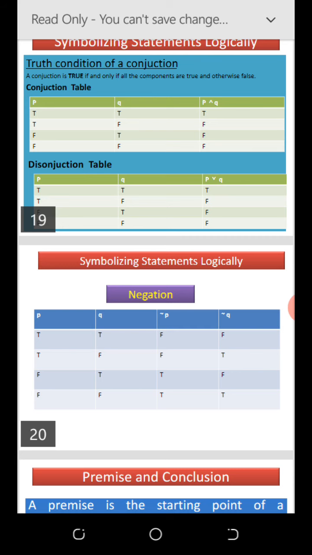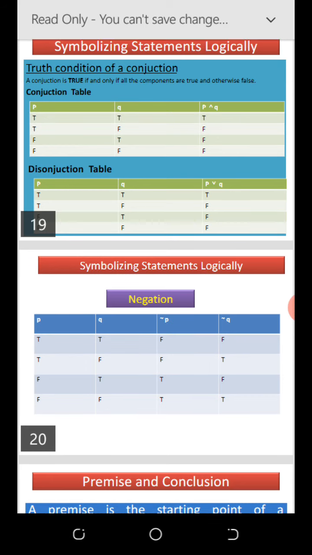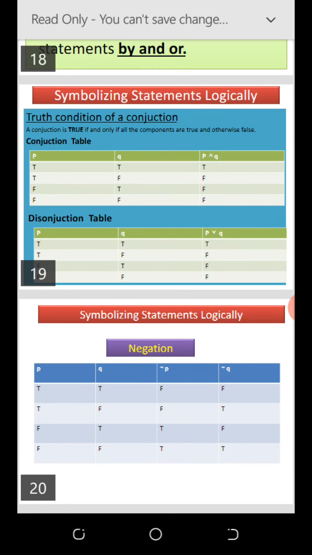False. But don't mistake that, please. Under the conjunction table, false and false will never turn to plus, just as we have it in mathematical symbols. Under conjunction, false with false will give you false. Take note of that.